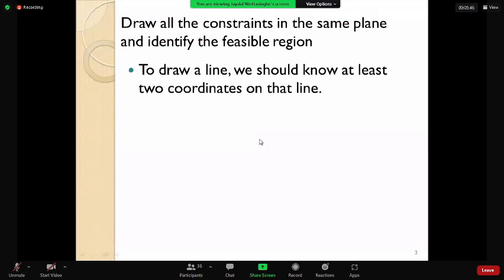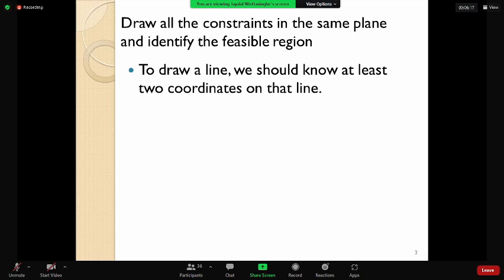So how to draw that line? To draw a line, we should know at least two coordinates on that line. If we know two coordinates, we can mark them on the Cartesian plane and join them by a straight line, because we know that when we say x plus 3y equals 12, that is a linear equation. Because the power of the variables is 1 and we have two variables, we can write this equation in the form of y equals mx plus c.